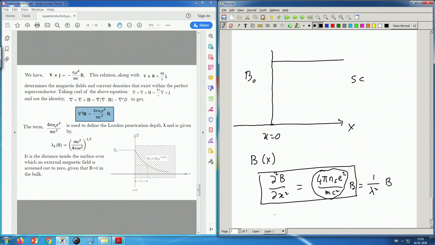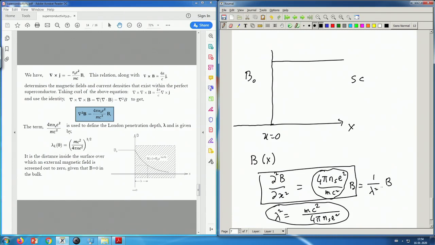So, lambda square equal to m c square divided by 4 pi n_s e^2. That is a length scale that I obtained from this calculation. This length scale appears naturally from this equation, a combination of London equation and Maxwell equation.